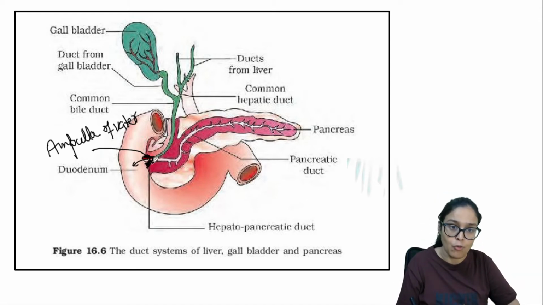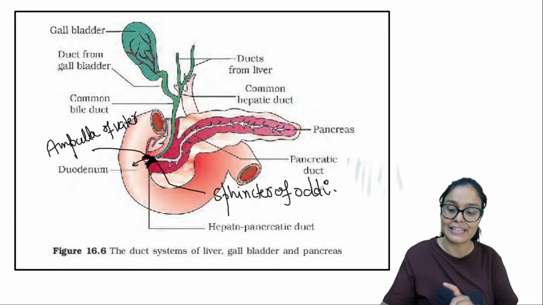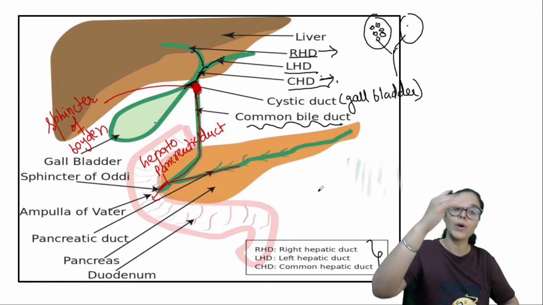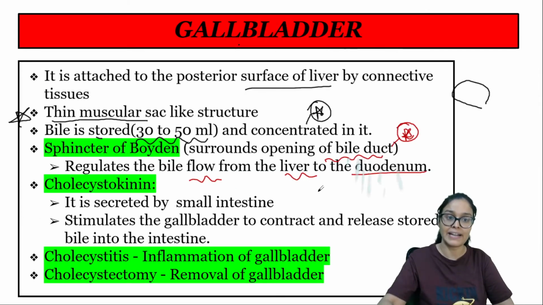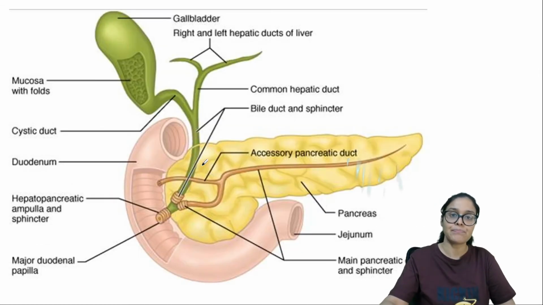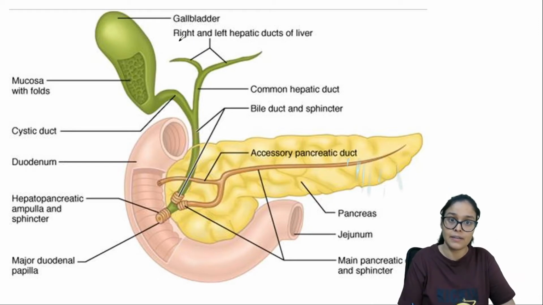The ampulla of Vater opening has a sphincter known as the sphincter of Oddi. So you have to remember how this particular bile and pancreatic juice will be poured into the duodenum via these duct systems, right? So if you see this diagram in a detailed way, it's like this.